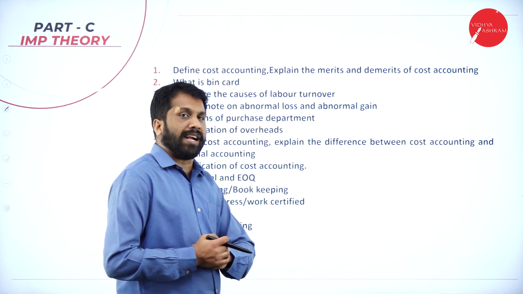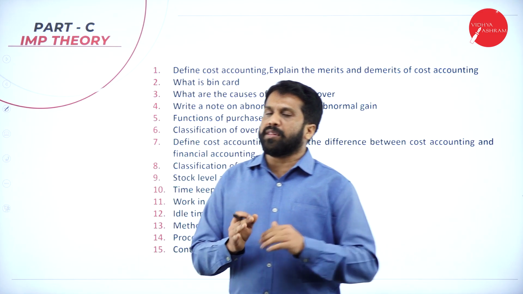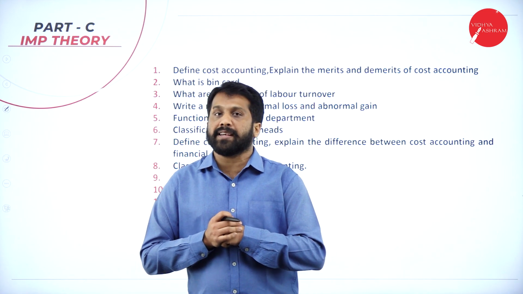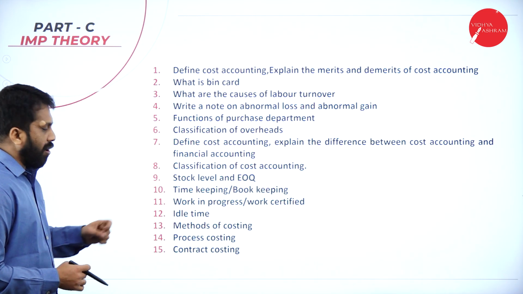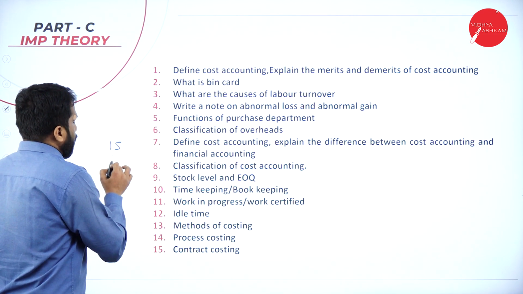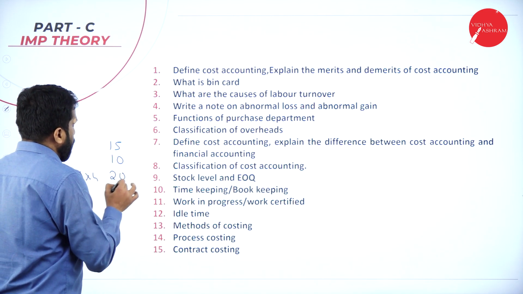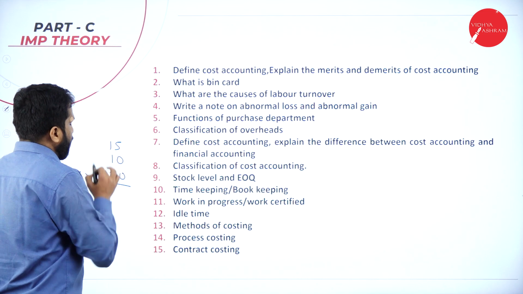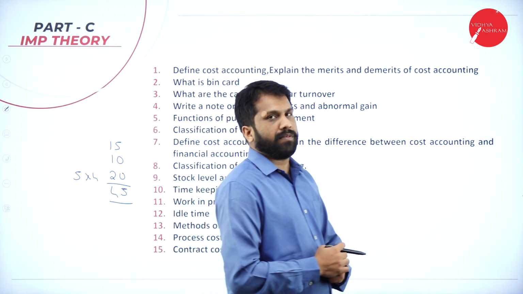If you are not good at numbers, not good at problems, and you say, sir, I want only theory, I want to pass cost accounting, can I pass? Yes. The solution is, if you read all these 15, your marks will be 15 mark, 10 mark, 5 into 4, 20. 20 plus 10, 30 plus 15, you will get 45 marks from this.